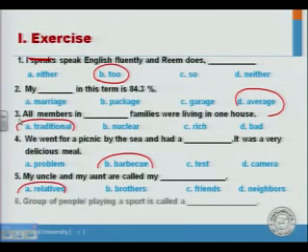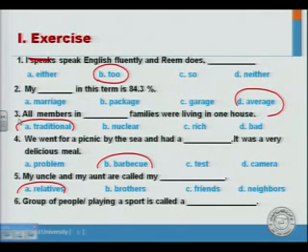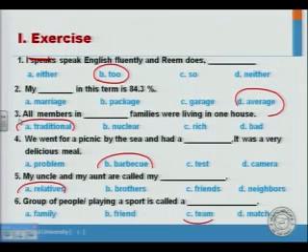Number 6, a group of people playing a sport is called a team. If you follow me, keep this in mind, just to circle quickly that a group of people playing a sport is called a team.